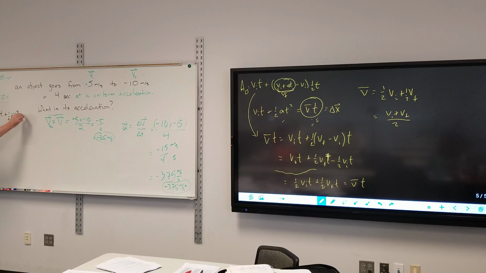So this is also equal to the average velocity times time, which I can therefore write as delta x is equal to v_i plus v_f over 2 times time. The third of the kinematic formulas.